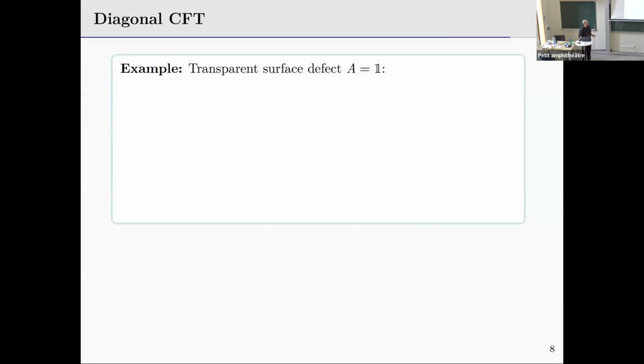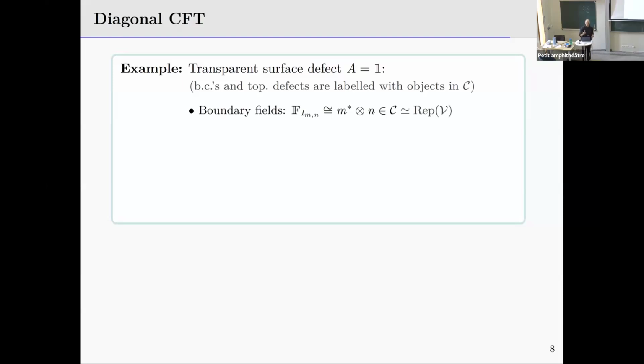Okay, but now let me tell you something about an example. In this case, the boundary conditions and topological defects are again labeled with objects in our category C, otherwise it would be via module category. We can compute, for example, what the boundary fields of our theory are as objects in the category.